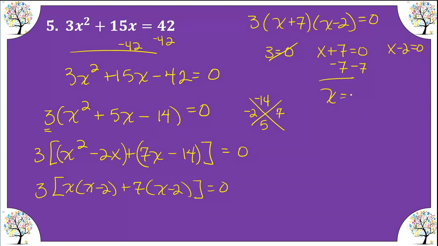So one intercept is negative 7. And our second solution is 2. Now remember, we were only going to have at most 2 real solutions because the degree of a quadratic is 2. So even though we have 3 factors, we only have 2 solutions.